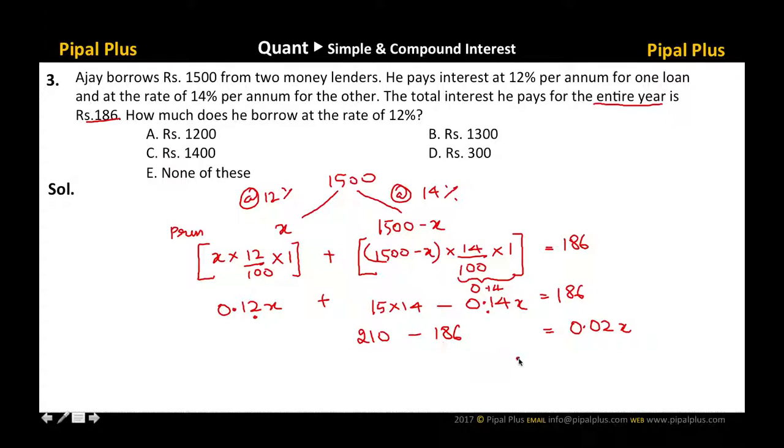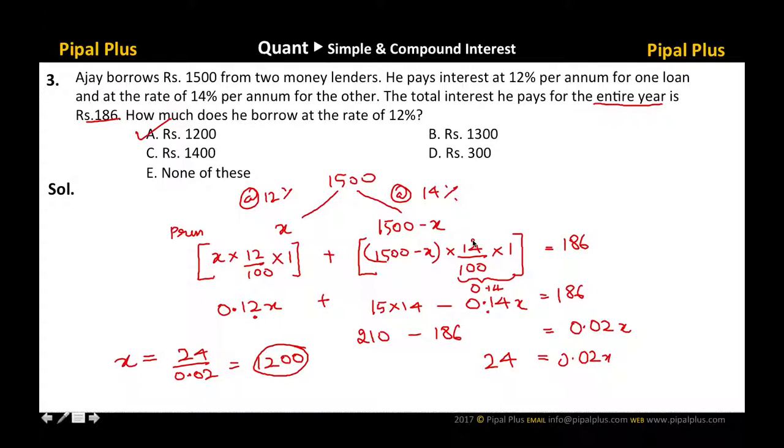So what we're getting is 0.02x is equivalent to 210 minus 186, which is 24, right? So x is simply 24 divided by 0.02, which is 2400 by 2, which is equal to 1200, right? So the amount that he had borrowed at 12% is exactly 1200 rupees. The answer is A.